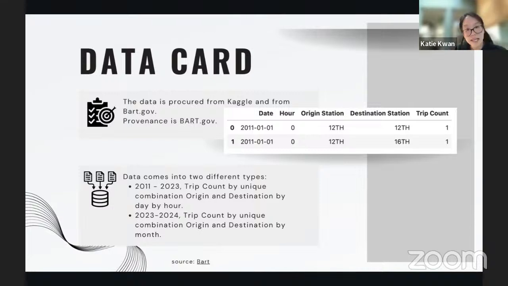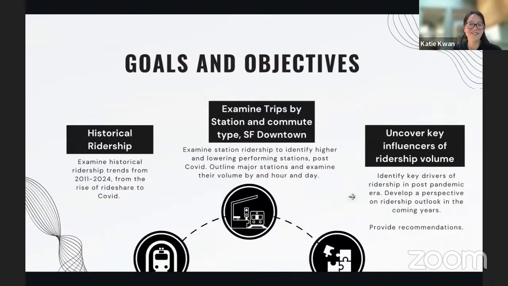Instead of a daily view, I only have monthly information, again with the origin and destination stations and the trip counts, but I don't have the date or hourly cut. Most of the time, I could use the 2011 to 2023 data to do analyses at a level more granular than the month, but I did incorporate 2023 to 2024 at the month level for some of my visuals as well.